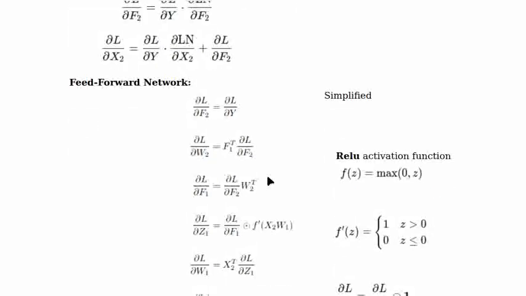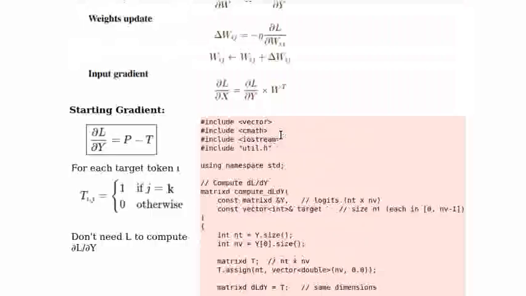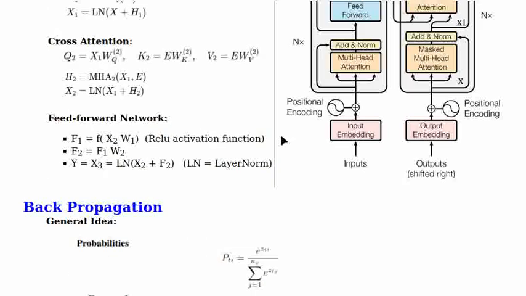And by making this assumption, we know dL/dF2, and from there we can calculate dL/dW2, which is equal to F1 transpose dL/dF2, because of this formula.